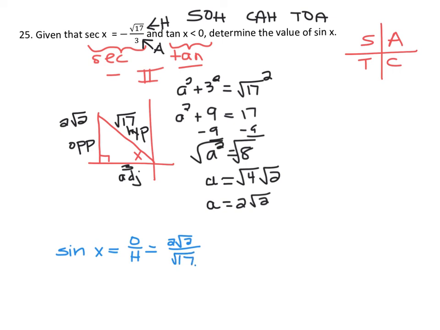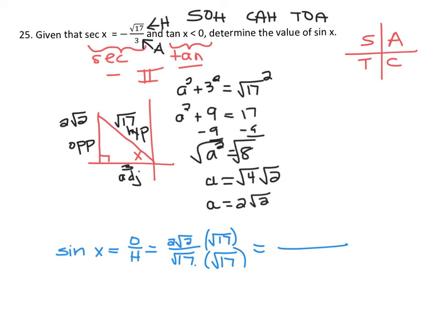Now, the only problem is we want to get rid of this radical in the denominator of the fraction. So we just multiply top and bottom by this radical itself. So multiplying top and bottom by radical 17. Okay, so now on the top, we have 2 times, well, radical 2 times radical 17. You just multiply the numbers underneath as radical 34.